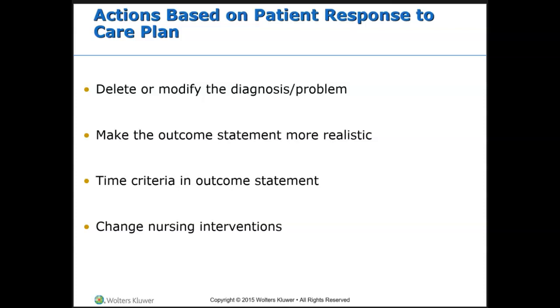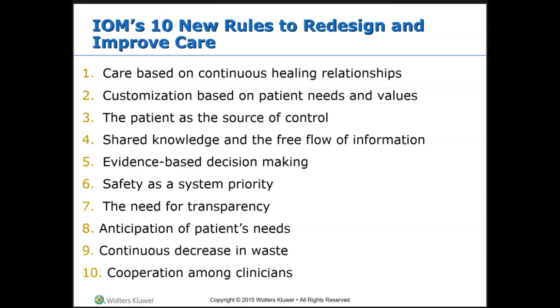Or we may make the outcome statement more realistic, right? 1 lap around instead of 2, as the example. Time criteria in the outcome statement is a critical component, right? And we said that, right? We want to have a very specific time frame. And then altering the nursing interventions. Maybe the nursing interventions were not appropriate like we thought initially, right? So we're going to alter those as well.